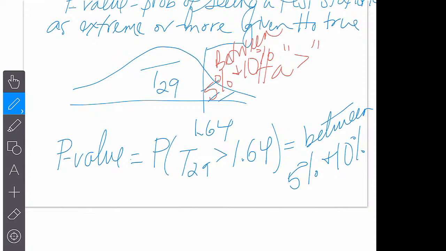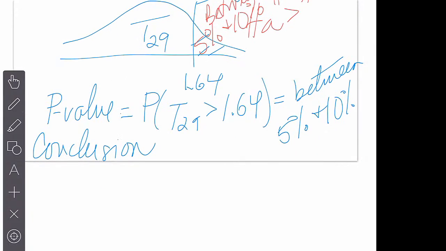All right, so finally conclude. In the concluding step, notice, no matter if I'm going greater or less or not equals, I always evaluate using p-value less than or equal to alpha means reject H naught.